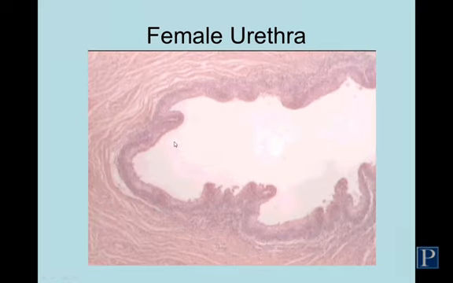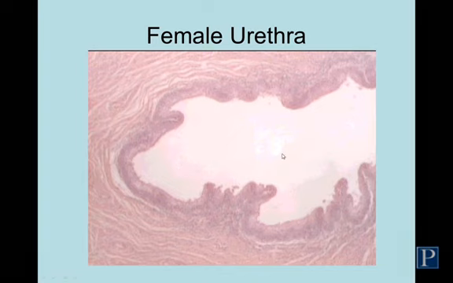This is the female urethra, and it has a much wider lumen. It's also much shorter, and the female urethra also, parts of it are composed of PCE and parts of it are composed of stratified squamous non-keratinized epithelium. However, the relative proportions are basically inverted relative to the male urethra.